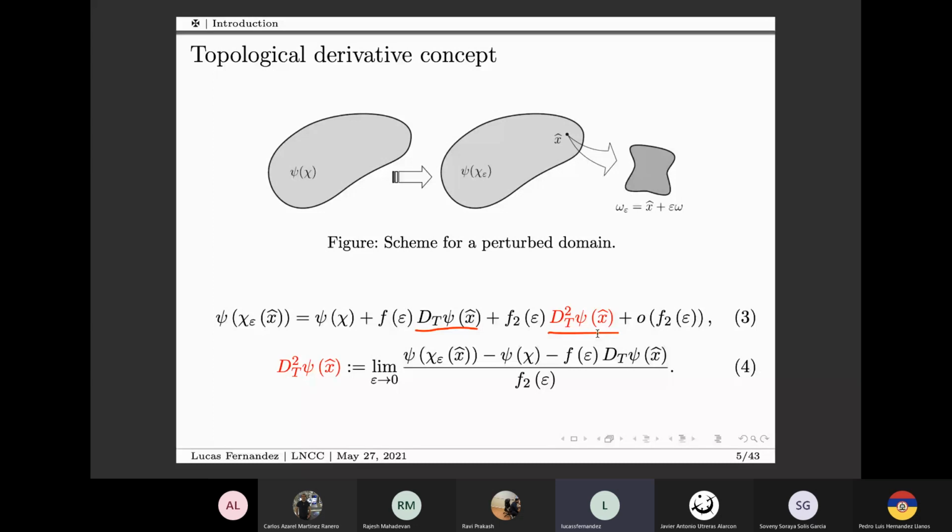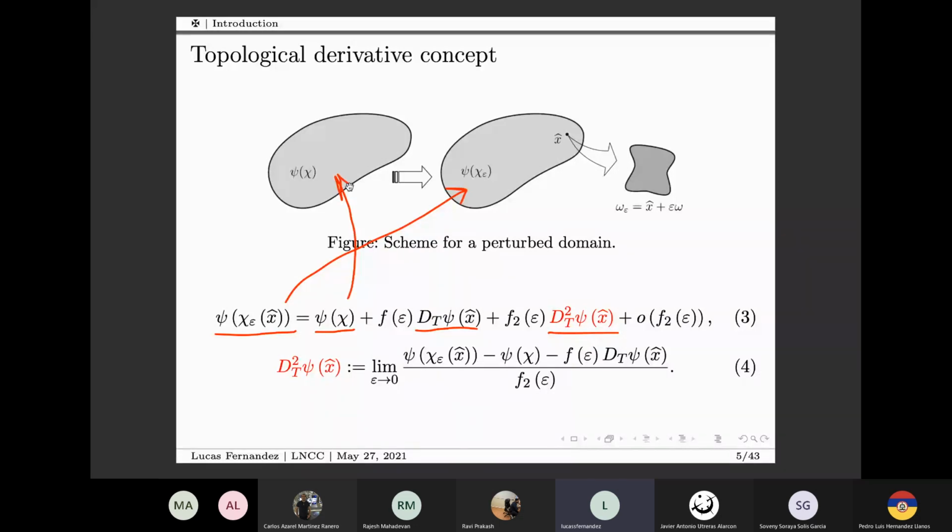So here I have these two shape functionals. The shape functional psi of chi epsilon corresponds to the topologically perturbed domain, and the shape functional psi of chi corresponds to the unperturbed domain.